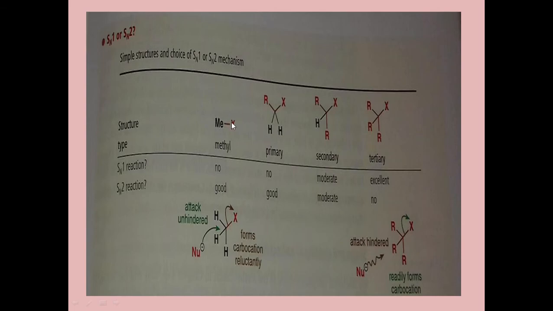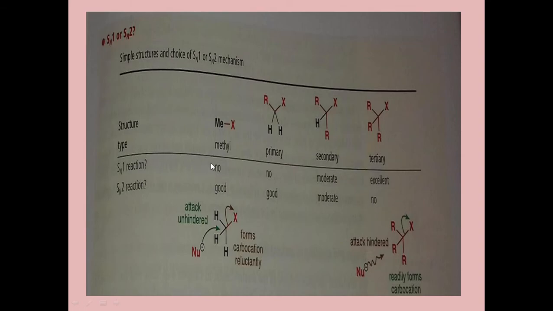We have methyl. There is no steric hindrance, right? Methyl is a primary cation we will get after this halide. Will SN1 reaction take place? No, because it's not a stable cation as compared to a tertiary cation. Tertiary carbocation is excellent in SN1 reaction but does not perform in SN2 reaction, right?